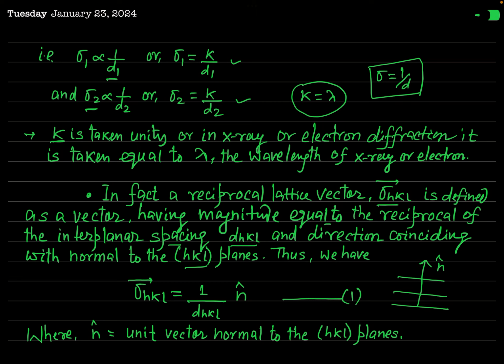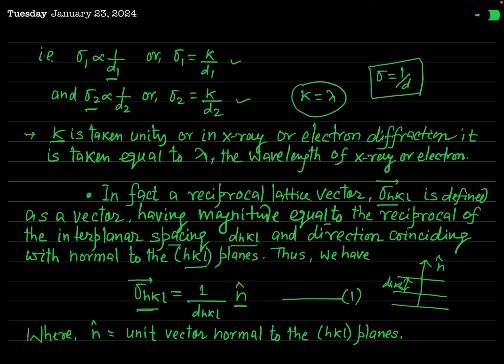Then the reciprocal lattice vector sigma HKL is directed along this n hat, and as its magnitude is just the reciprocal of the interplanar separation, if this is DHKL, then the magnitude of this sigma HKL will be 1 over DHKL, as you have seen, and the direction will be along the normal, that is along n hat. So the vector sigma HKL is written as 1 over DHKL times n hat, where n hat is a unit vector normal to the HKL planes.